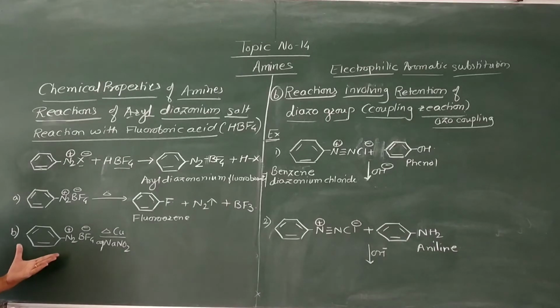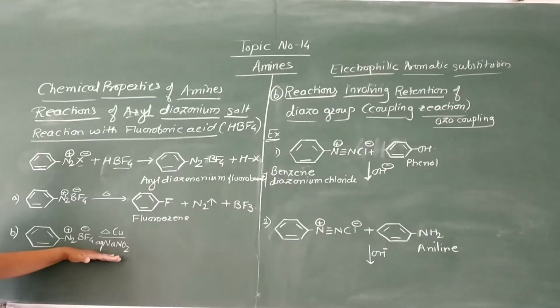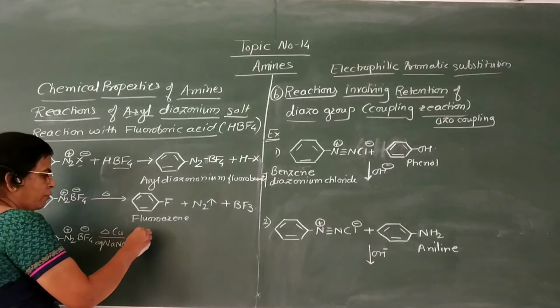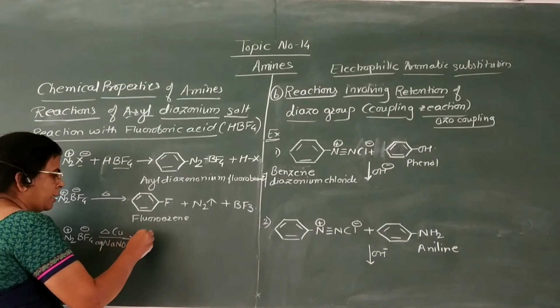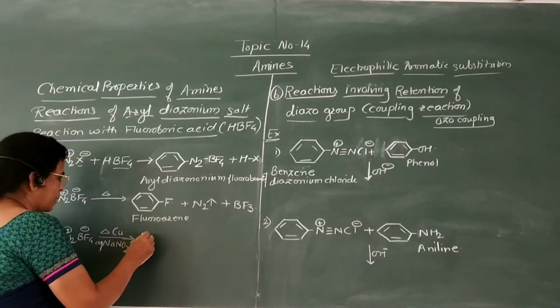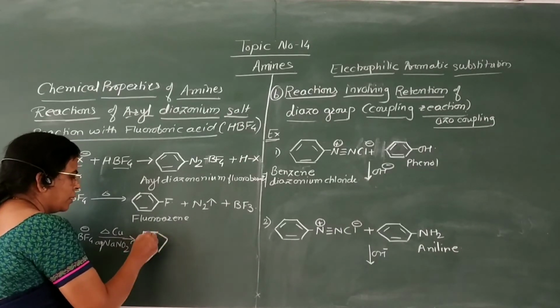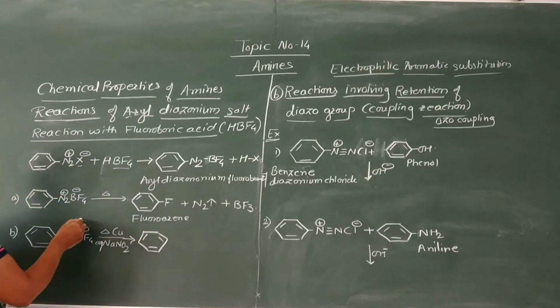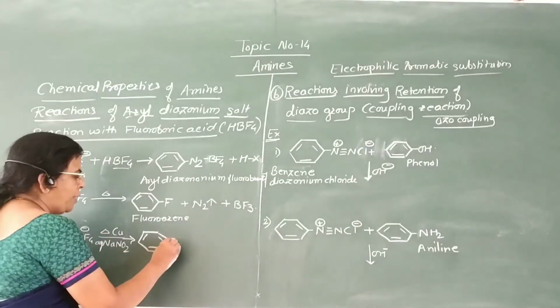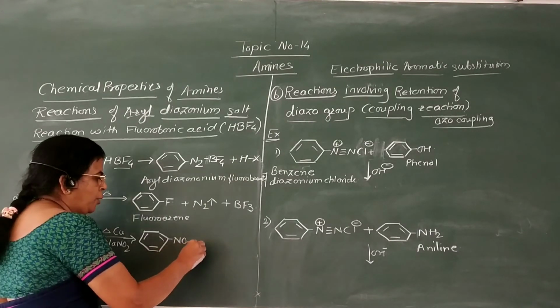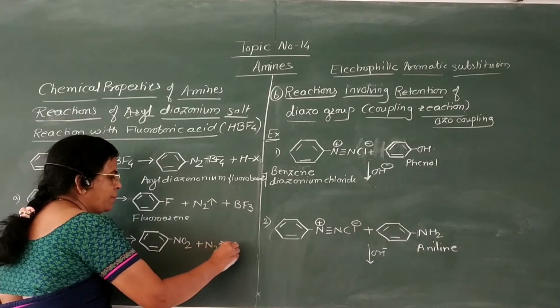Now this aryl diazonium fluoroborate, when it is heated with copper in presence of aqueous sodium nitrite, then here we will get nitroarene. This N2BF4 is replaced by NO2 group to give nitroarene plus N2 plus BF3.